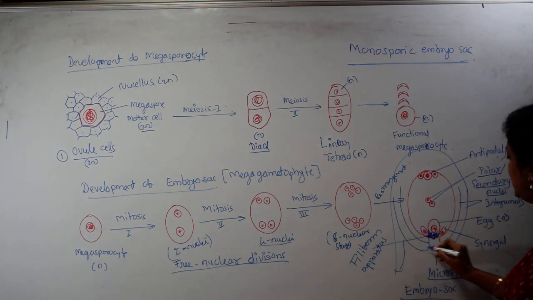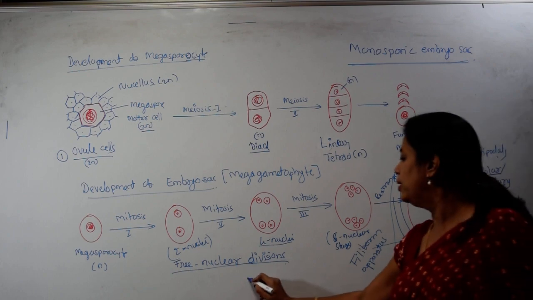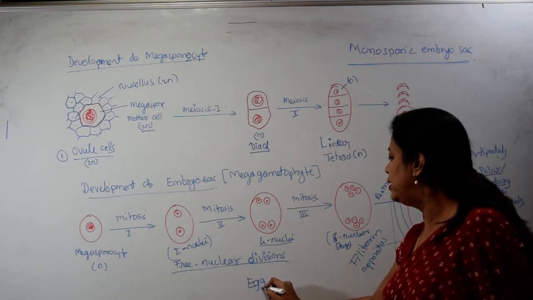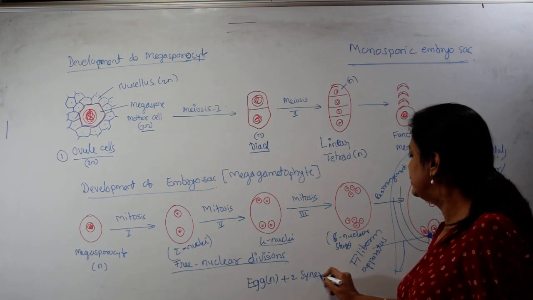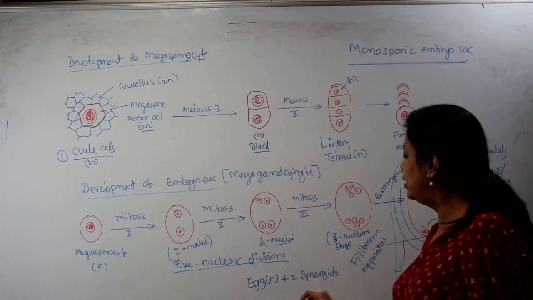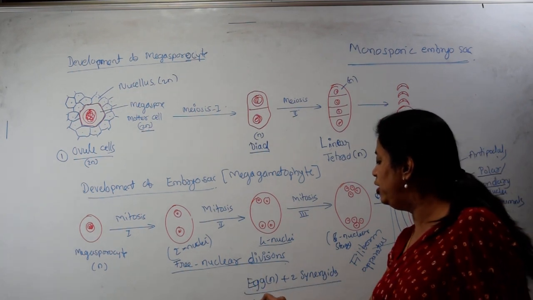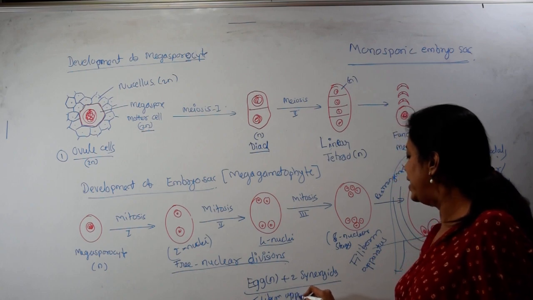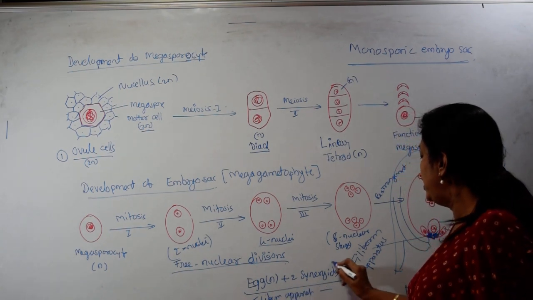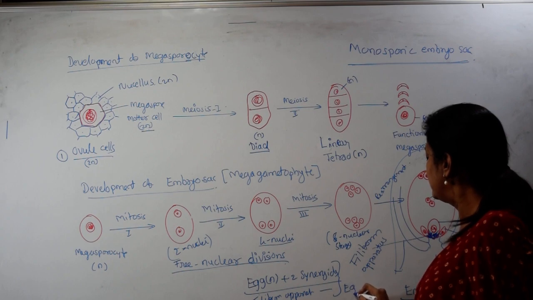And at the lower side, all the 3 things, that is 1 egg with haploid condition plus 2 synergids, together along with the filiform apparatus, we call this the egg apparatus.